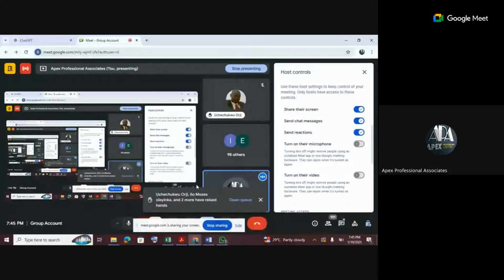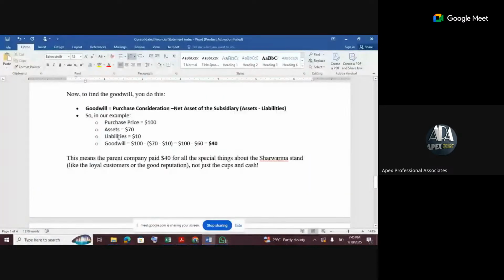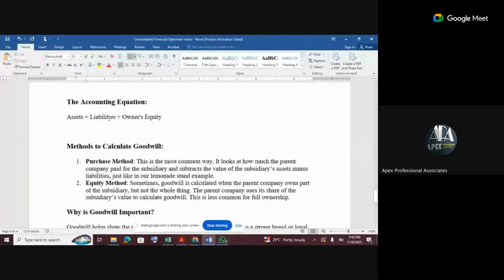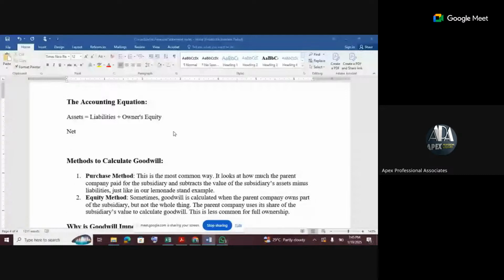Why is it so? It's simple. Let's look at the accounting equation. The accounting equation says that your asset is equal to your liability plus owner's equity. So if I want to get the net asset of any business, the net asset will be the same thing as the asset less the liabilities.